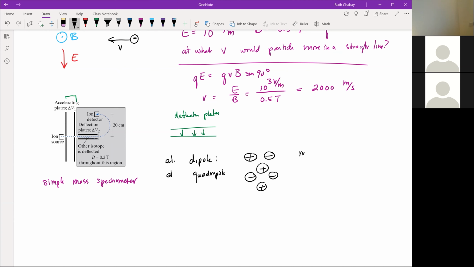A magnetic dipole has got a north end and a south end.